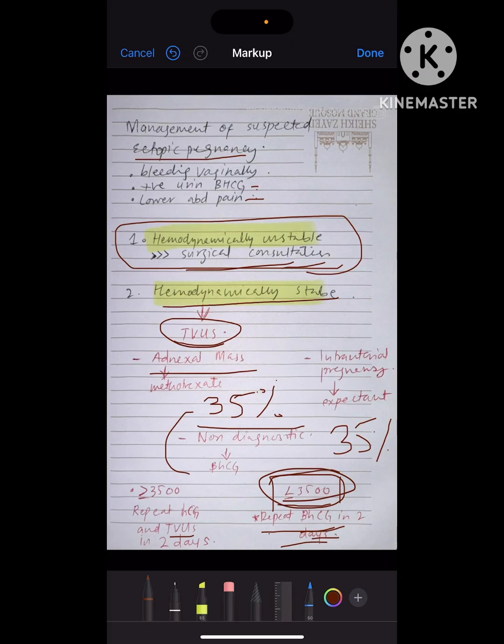So you go through the same process. If there's no increase, you do D&C and look at the contents. If the contents have trophoblastic components, just let it go. If they do not have them, give methotrexate, or you can go for surgery. So this is the protocol for what you do for suspected ectopic pregnancy.